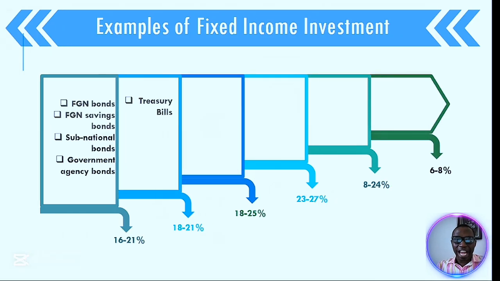Personally, for instance, I use some of the fund managers. When we talk about fund managers, we are talking about asset management firms that are licensed by the Securities and Exchange Commission. I'm not talking about investment apps. No, not investment apps. I'm talking about fund managers, licensed stock brokerage firms in Nigeria. Go through them.